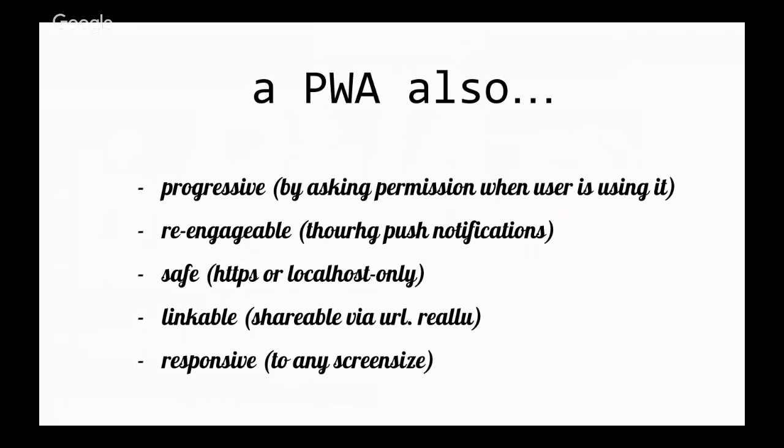Some other details of a progressive web app: the app is progressive, so it asks permission when the user is using it. If the user tries to take a photo in the app, it will ask permission to access the camera and so on. It's re-engageable, a fancy word for using push notifications. So our progressive web app can also send the users push notifications.